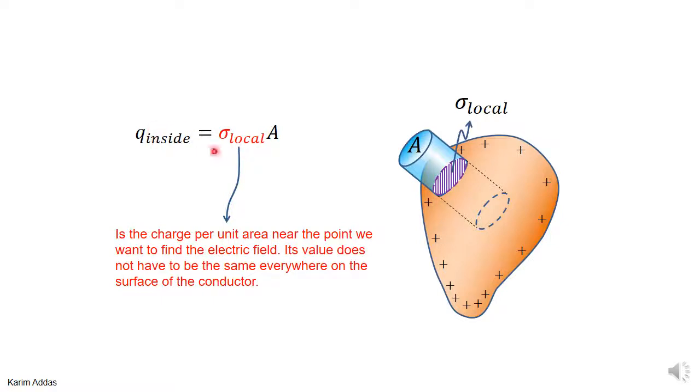It's a surface, so it's sigma, the charge per unit area, times the area. Why do I call this sigma local? Because the charge per unit area here doesn't necessarily have to be the same as at different places on the conductor. So I'm going to label it sigma local. It's the charge per unit area at the location where I want to find the electric field.